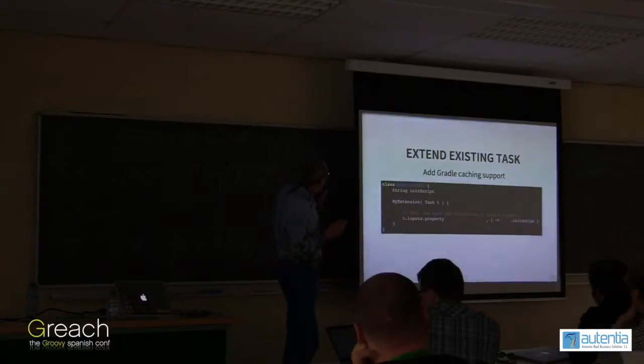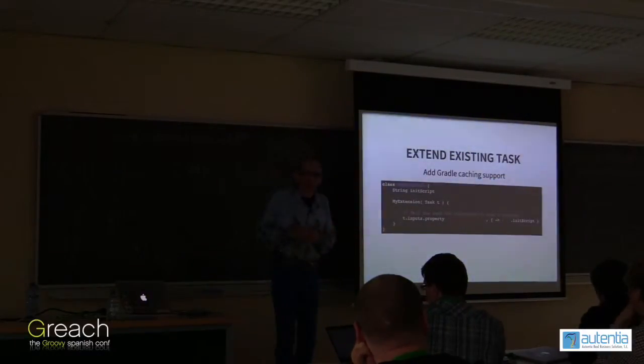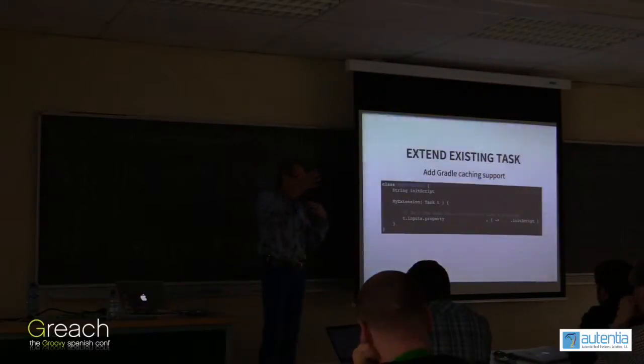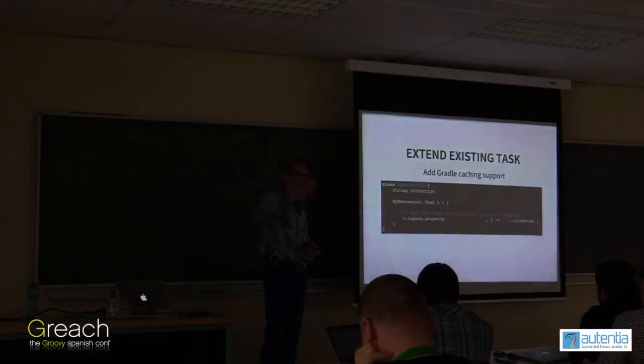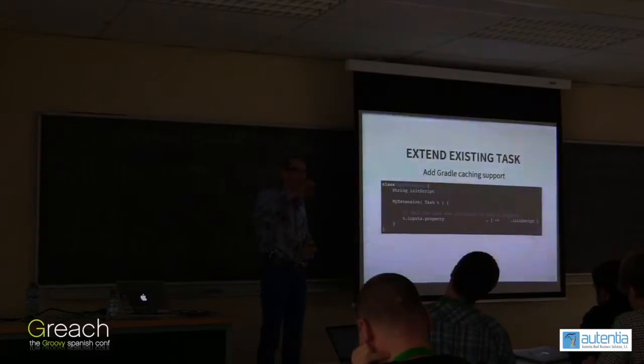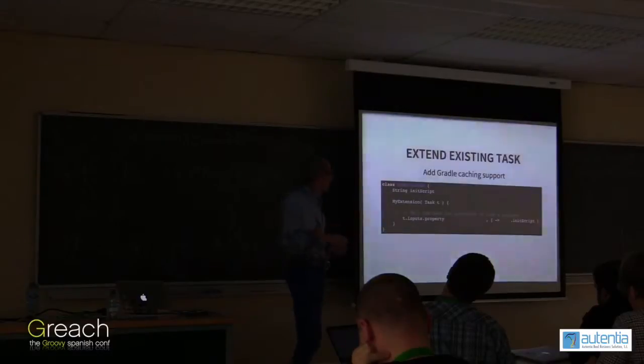The other thing we have to do, and this is important, because we looked at annotations earlier, and we said annotations give you that kind of cache, so that Gradle knows whether it has to execute the task, whether it's up to date or not. If you add an extension to it, you don't have that ability. There is nothing there. So you actually have to tell the task, so that Gradle will know about extra properties on the task.